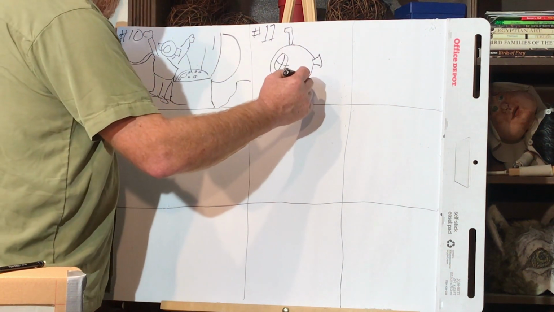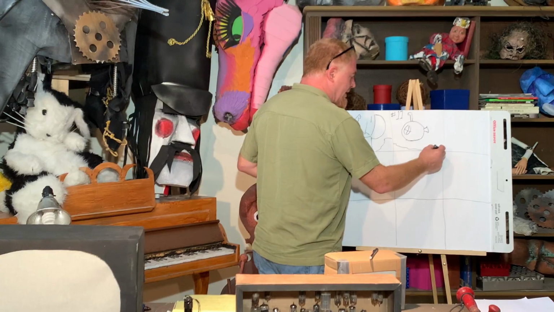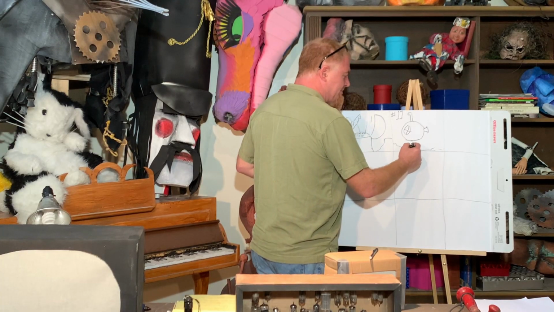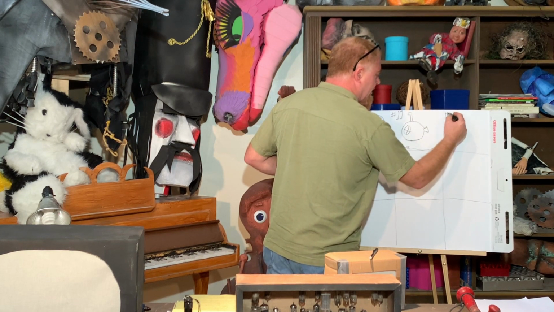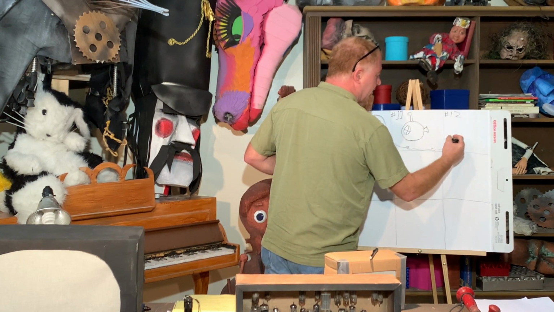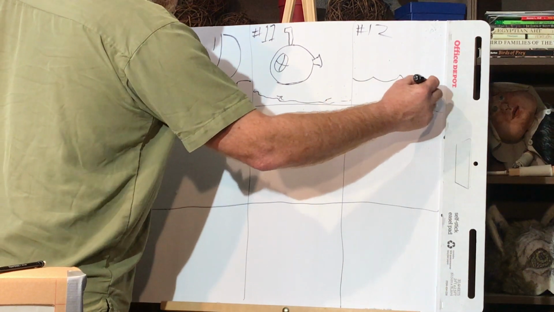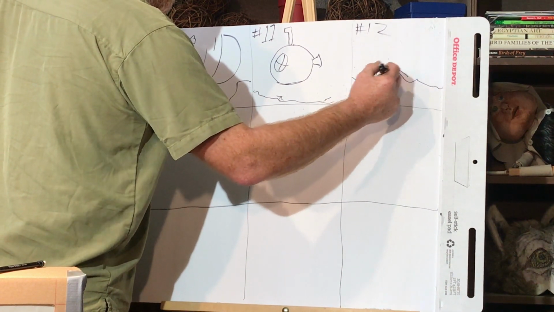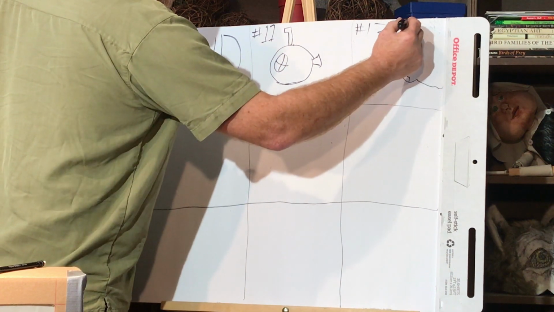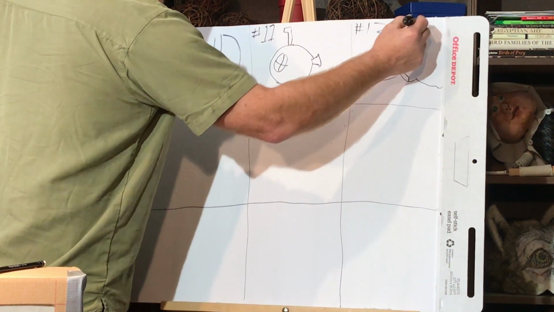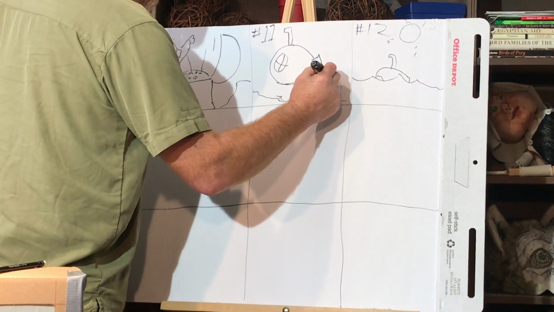Yeah, we'll just put it down here in the bottom. As we start going away, and scene 12, we're back up to the top. And it's sunny out again. Okay, you still have some little fish.